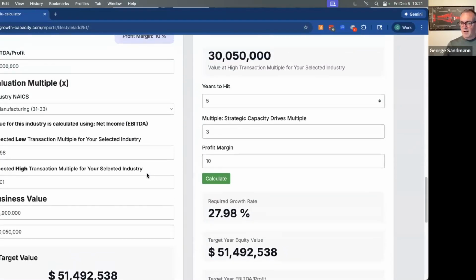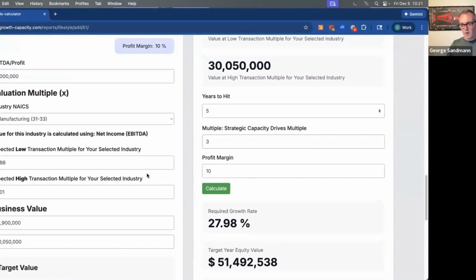Now, the wealth advisor is probably going like this as well, because the wealth advisor has never seen this math. The business owner has never seen this math. And let's pause for a second and think about what the business owner has learned through just this conversation. They've learned about strategic capacity separately.